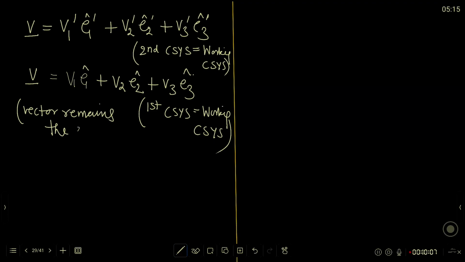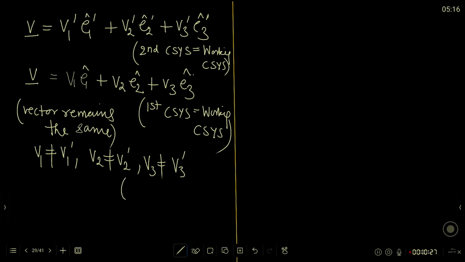Right? However, scalar components have changed. In general, v1 is not the same as v1 prime. Right? In general. These facts we are already aware of. I know you are aware of.